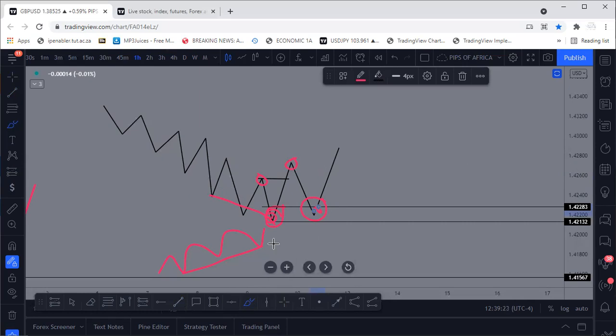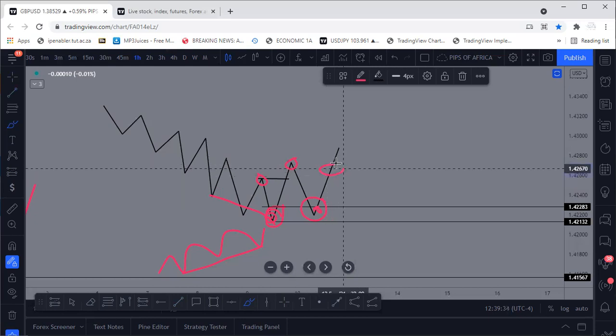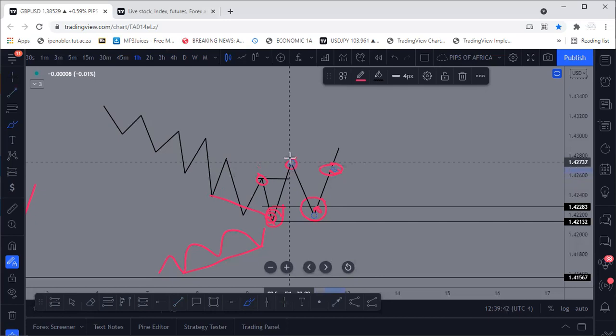So in this case, you'll find out that there is an order block here. Right? This is the order block that broke this supply here. That led the price to break this supply here. There was an order block also here.